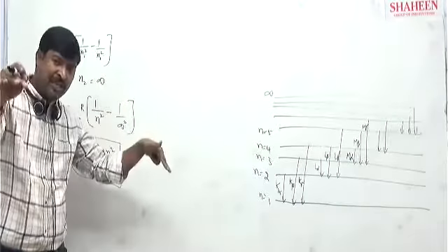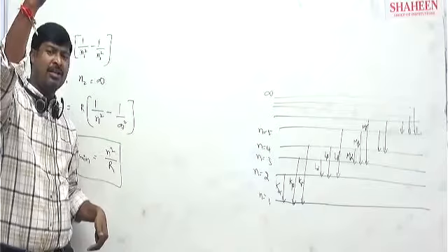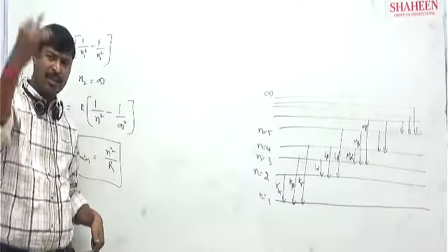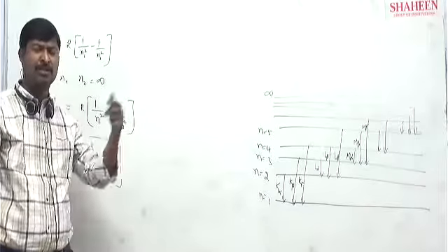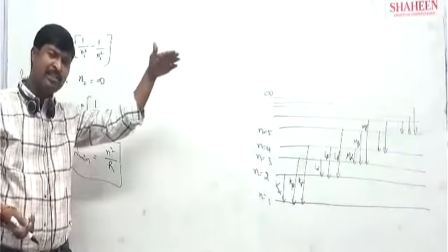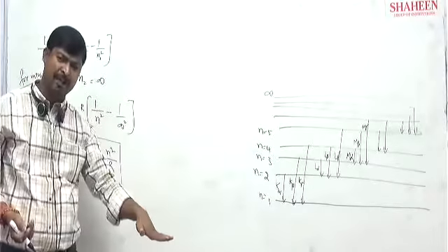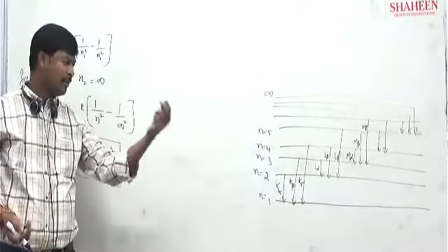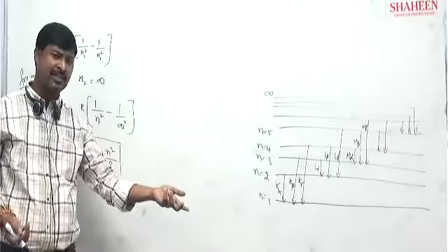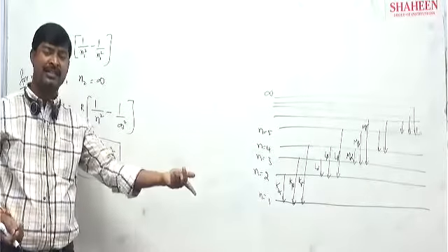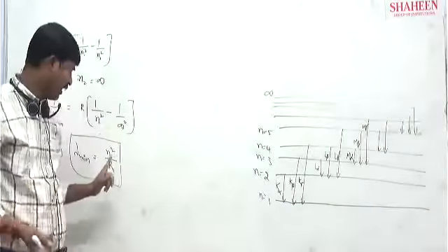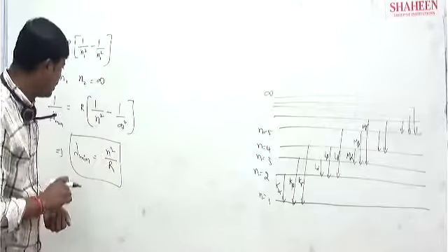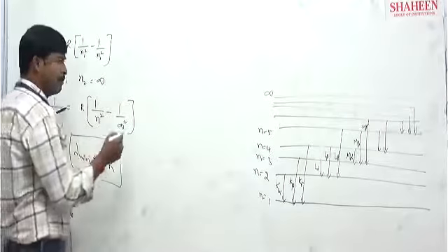It depends on which energy state the electron transitions to from higher states in that particular series. Lyman means ground state, Balmer means first excited state, Paschen means second excited state. The n value is decided like that. Then this is for lambda minimum.